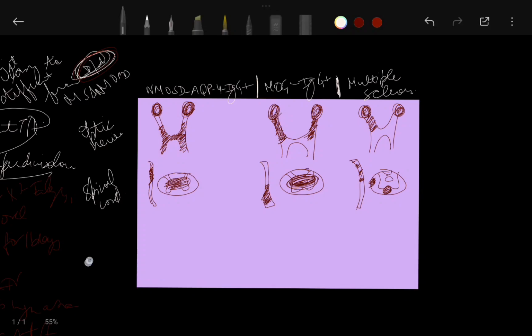After the spinal cord comes the brain. For example, this is the brain, and this is the corpus callosum. In NMOSD, mainly the subcortical area is involved. This is the upper cross section of the brain, and this area is involved.